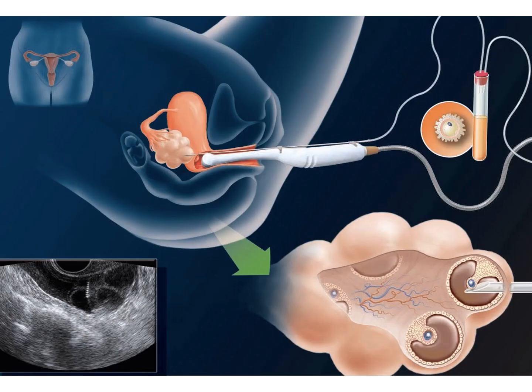So the eggs are collected in this way by vacuum, or collected in test tubes, which are again kept at body temperature and handed off to embryologists who deal with the gametes and the embryos. So here's to show the ultrasound guided egg collection, like we see here.